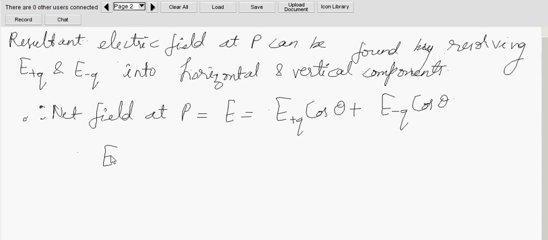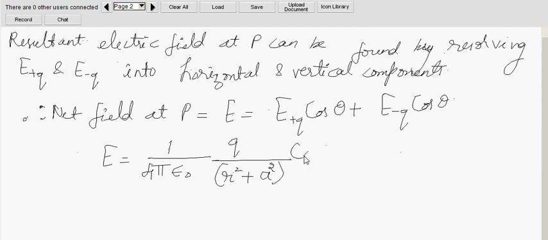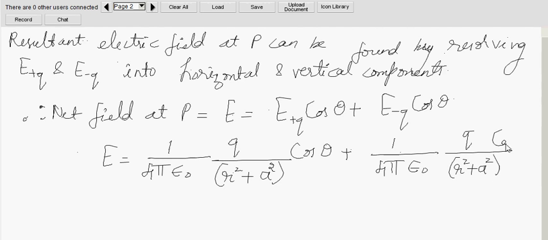We know E plus q is 1 by 4 pi epsilon naught into q divided by r square plus a square into cos theta, plus E minus q, whose magnitude is the same, 1 by 4 pi epsilon naught into q divided by r square plus a square into cos theta.